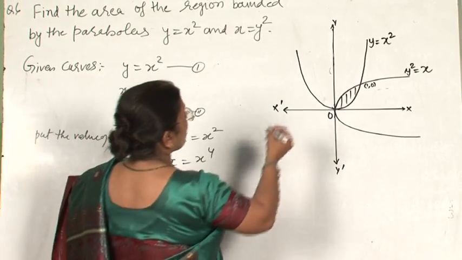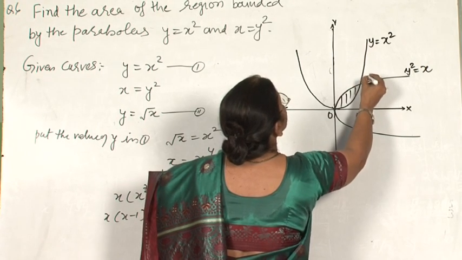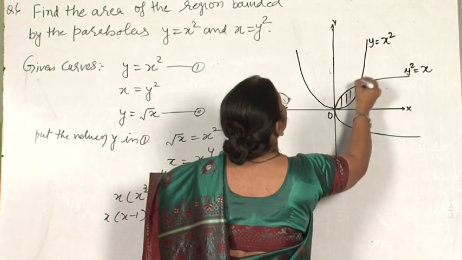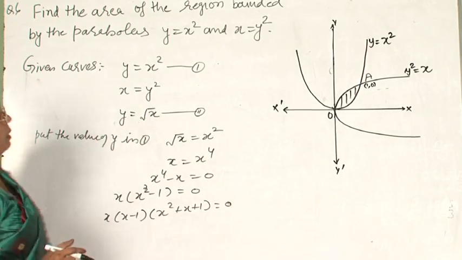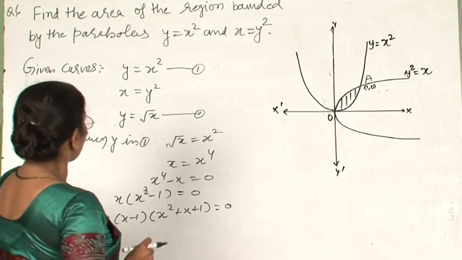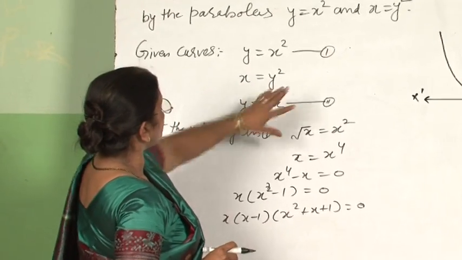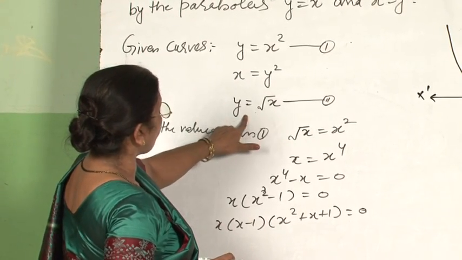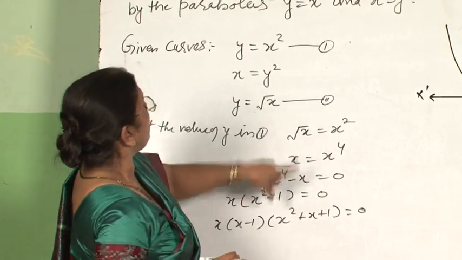Now these two parabolas intersect each other at this point, suppose A. Now we have to find the point of intersection A. Here y is equal to x square and x is equal to y square, so we will put the value of y, that is root x, in the first equation.